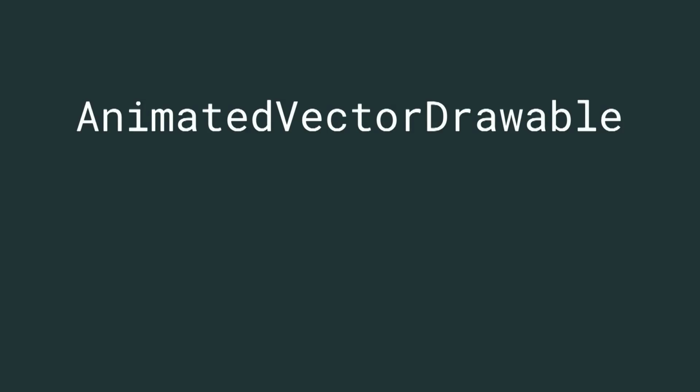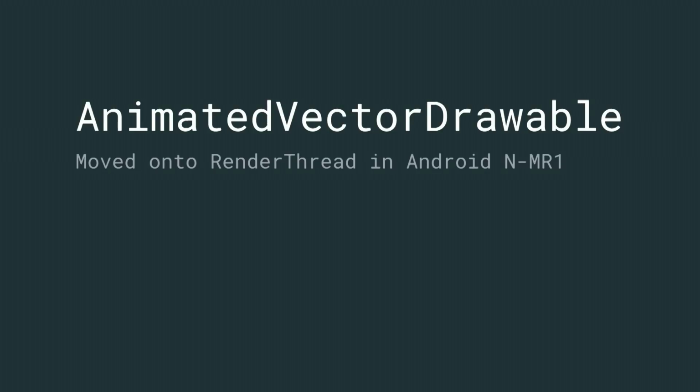And then for AnimatedVectorDrawable, in N MR1, the biggest thing we did is we moved AnimatedVectorDrawable onto render thread. And some of you might find render thread somewhat mythical because there isn't a lot of documentation around it. And that's because render thread to us is considered more of an implementation detail than a public-facing feature.